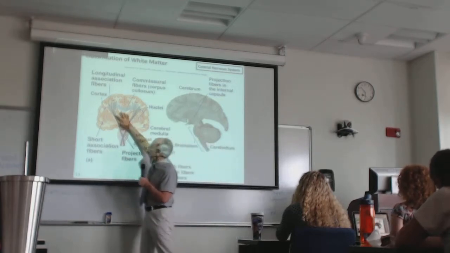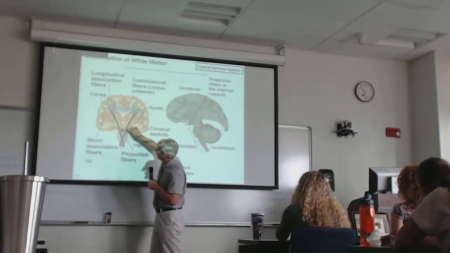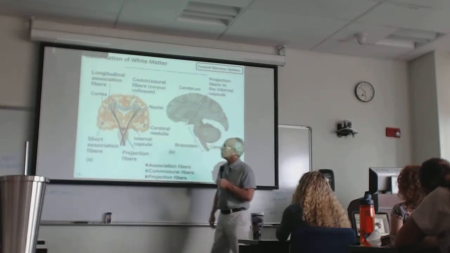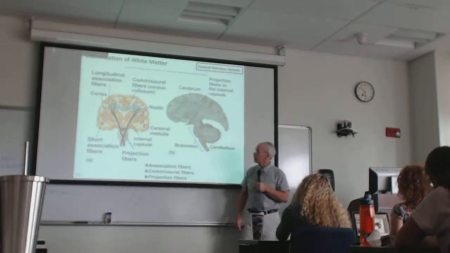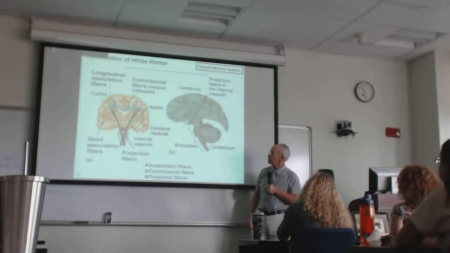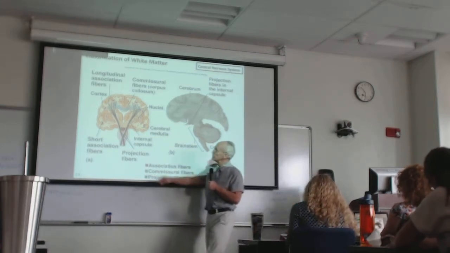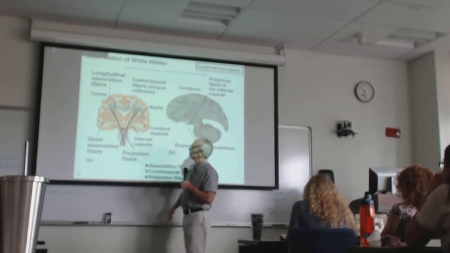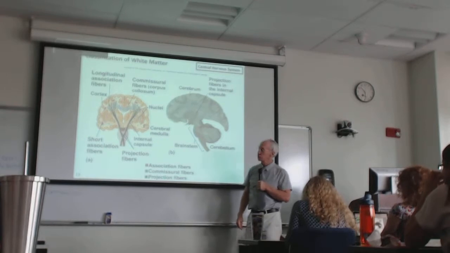For example, you can see what we've been talking about. These long black lines here are the projection pathways that are responsible for, as you can see, interconnecting the brain and the body, the cerebrum and the body. That would be true for both motor and sensory function.